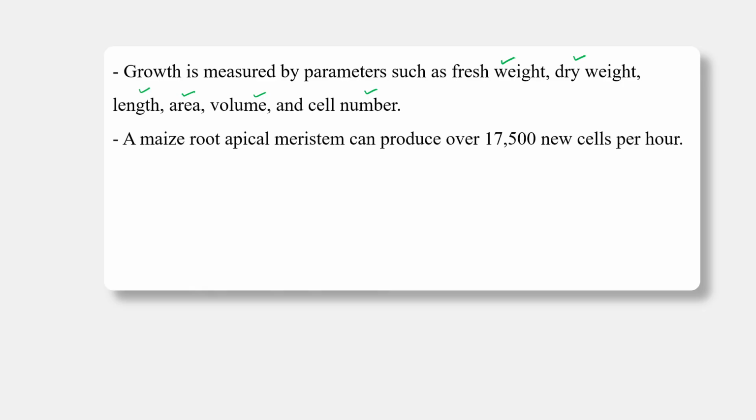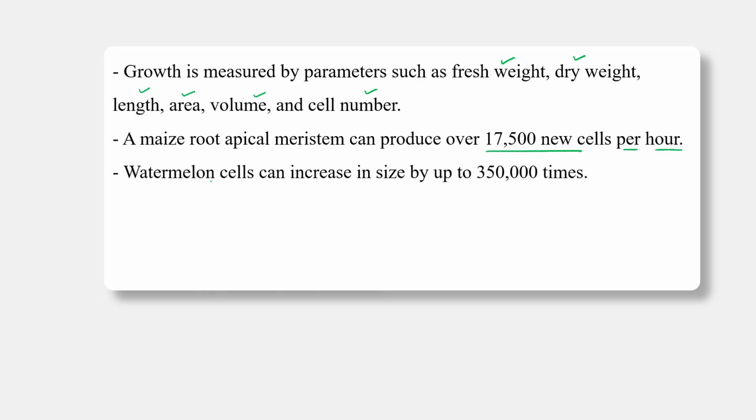A maize root apical meristem can produce over 17,500 new cells per hour. Per hour, right? Similarly, in watermelon, cells can increase in size by up to 350,000 times.